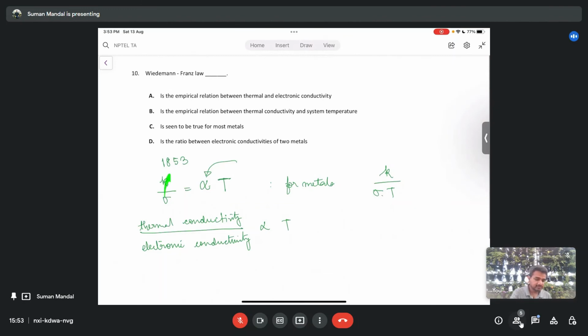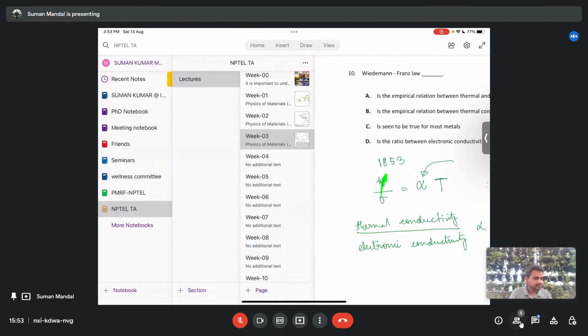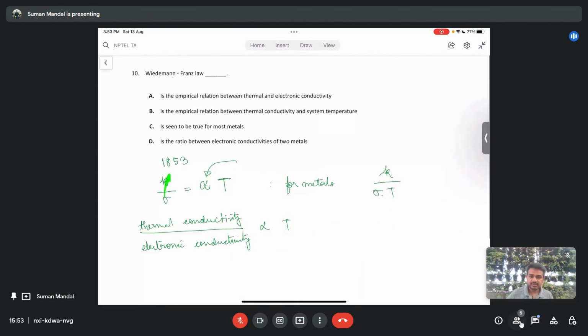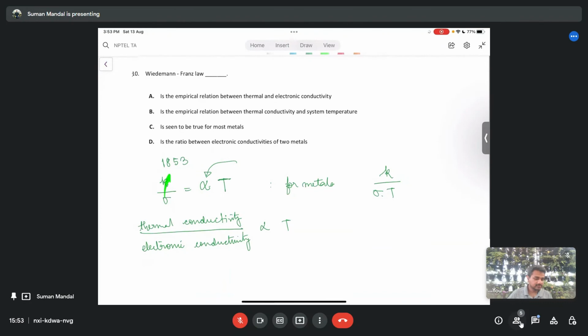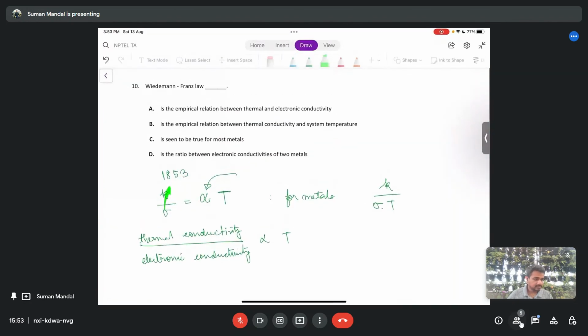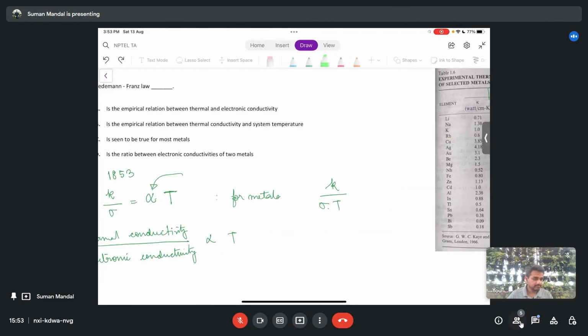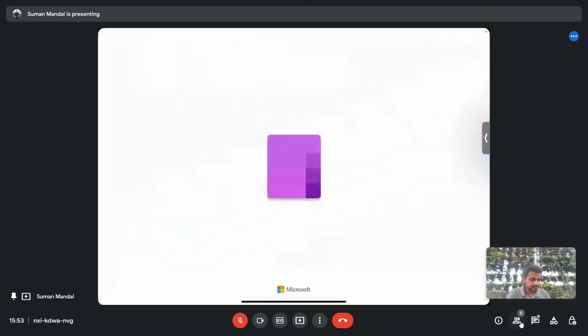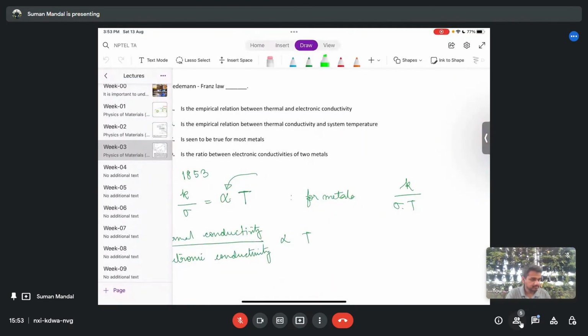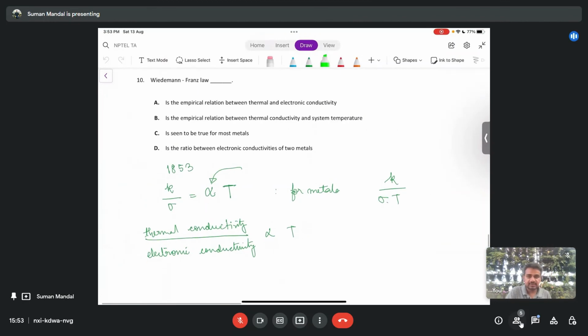So we relate thermal and electronic conductivity in the Wiedemann-Franz law.